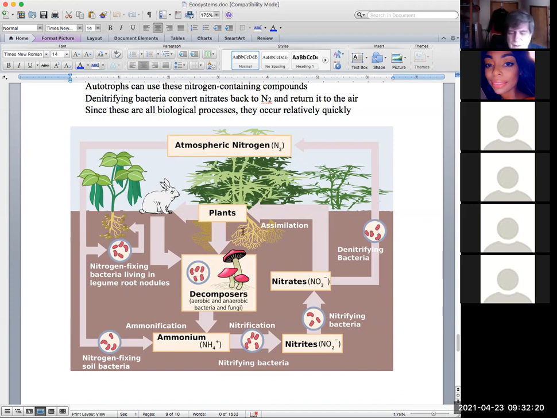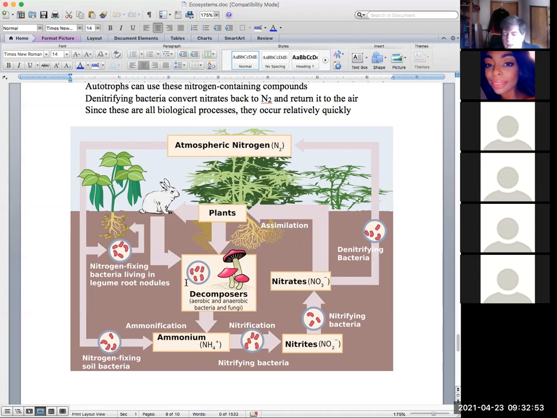However, there is a process called nitrogen fixation, and we have nitrogen fixing bacteria. Some of them live in plant roots, and bacteria can take N2 and convert N2 to ammonium, and depending on the type of bacteria, sometimes to nitrite and nitrate.